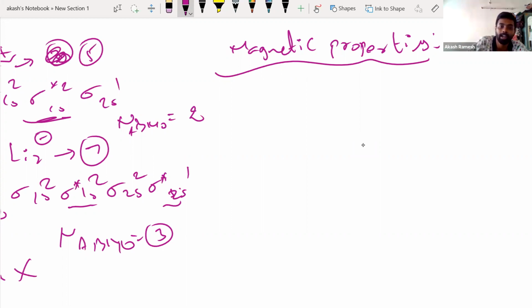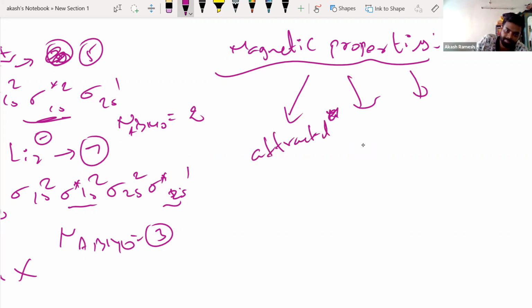When I bring a magnet, when I say magnetic properties, it can be of three types. One is getting attracted towards the magnet. That is one possibility. The molecule gets attracted by the magnet, for example iron. Or it can repel the magnet.